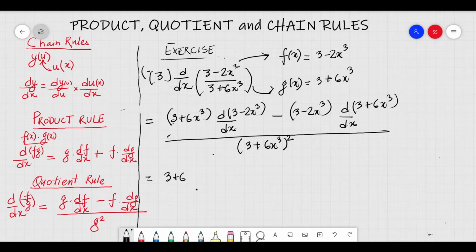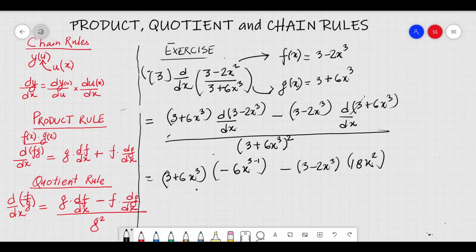Now it's just a matter of simplifying. The derivative of 3 minus 2x cubed: the derivative of the constant is 0, so it will be minus 6x to the power 3 minus 1, times (3 plus 6x cubed), minus (3 minus 2x cubed) times the derivative of 3 plus 6x cubed. The derivative of the constant 3 is 0, so 3 would come down and multiply with 6, giving 18x to the power 3 minus 1, which is x squared, divided by (3 plus 6x cubed) whole squared.